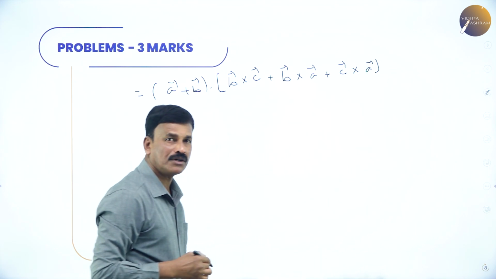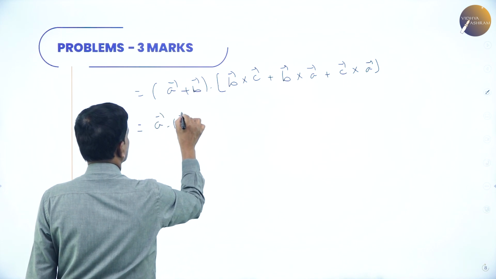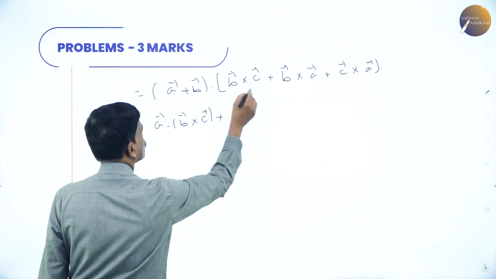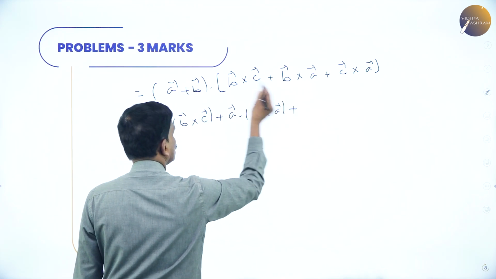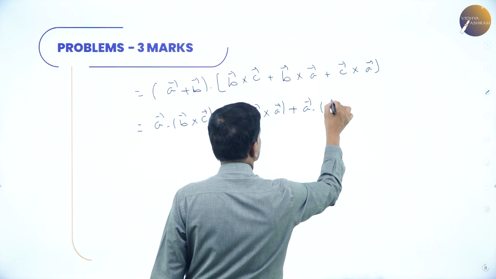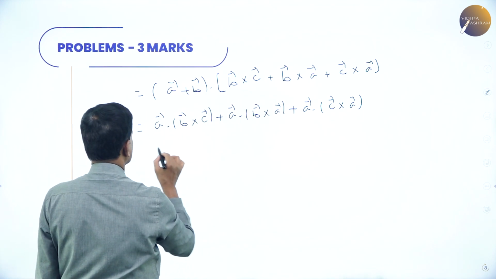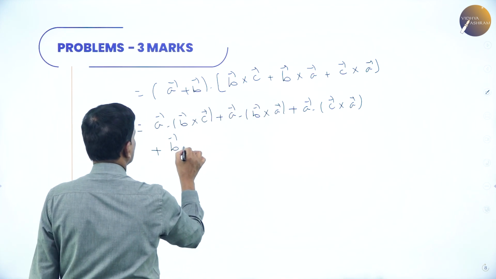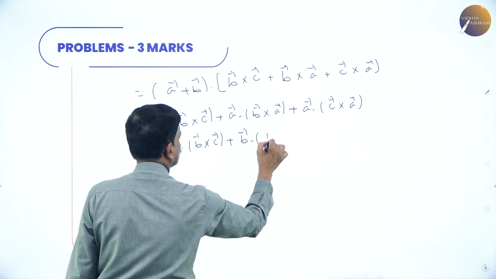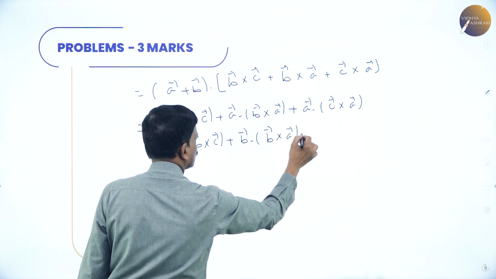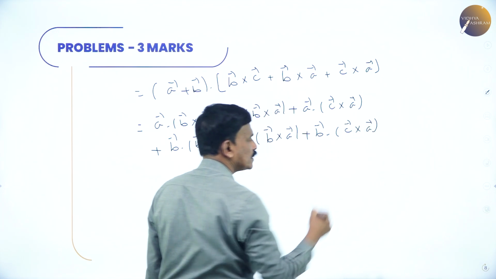Now, just apply: a dot all these three vectors, a dot b cross c plus a dot b cross a plus a dot c cross a. Similarly, you take b, b dot all these three vectors: b dot b cross c plus b dot b cross a plus b dot c cross a, right?